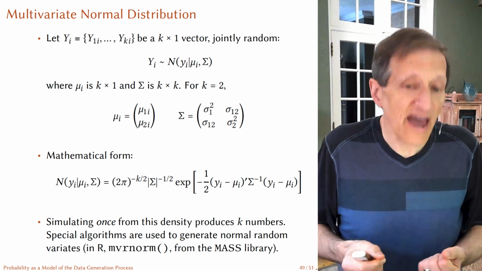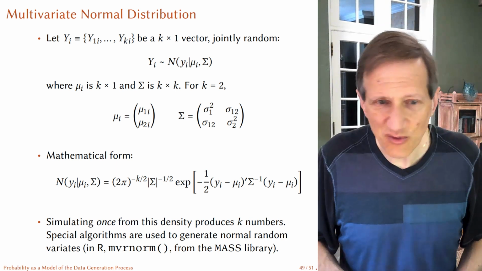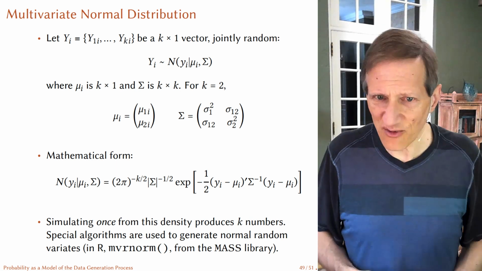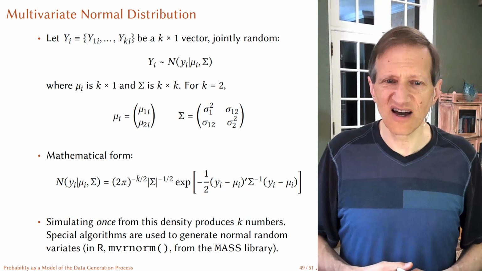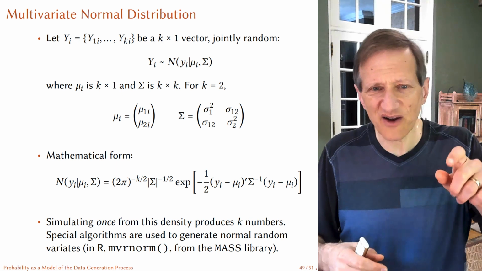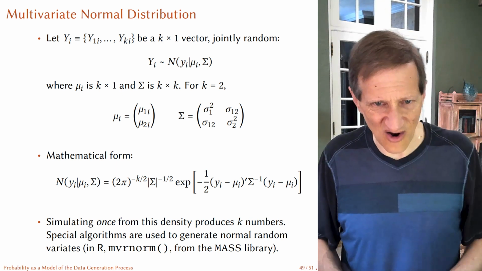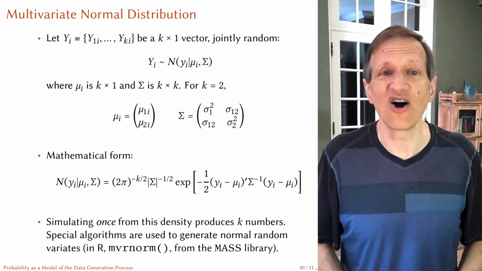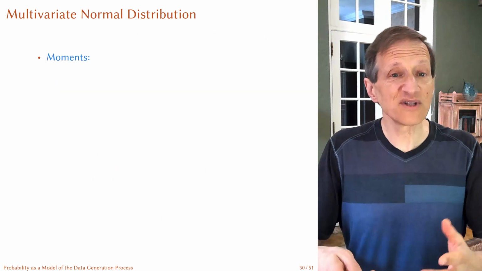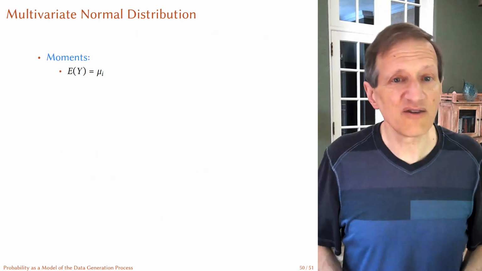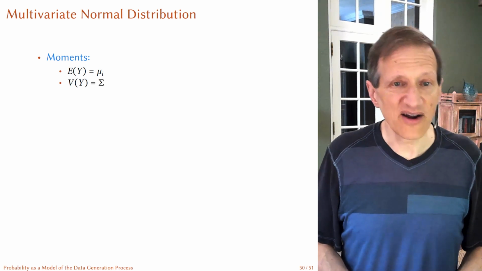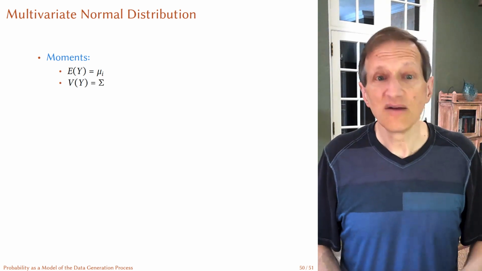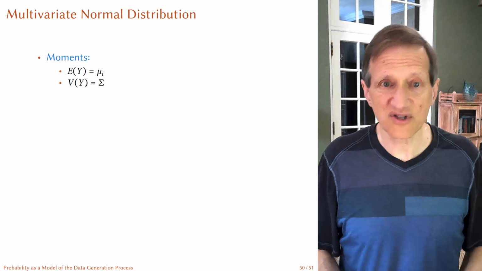Simulating draws from this density produces k numbers. We could figure out how to do it, but fortunately R comes with these. There are special algorithms. There's mvrnorm, multivariate rnorm, which produces these numbers, from the MASS library in R. The moments of this distribution: the mean of y is mu, the variance is sigma. Mu is a vector, remember? Sigma is a matrix.